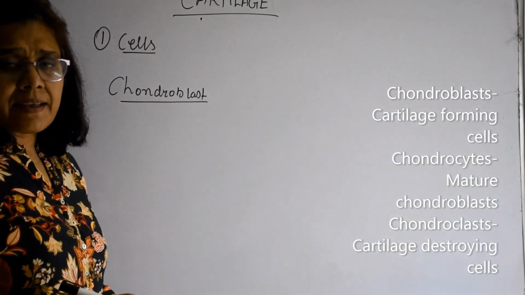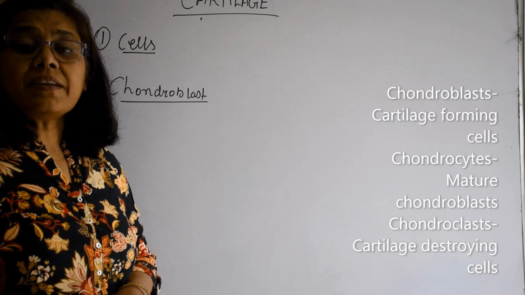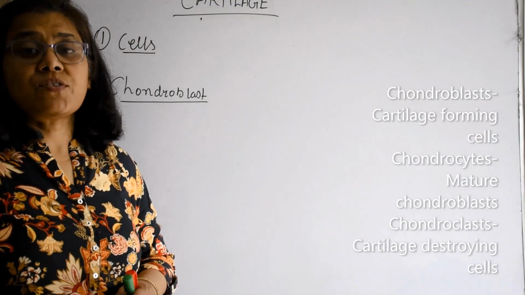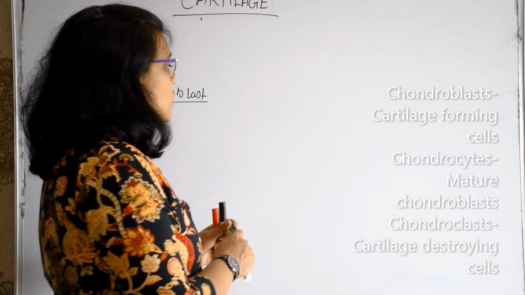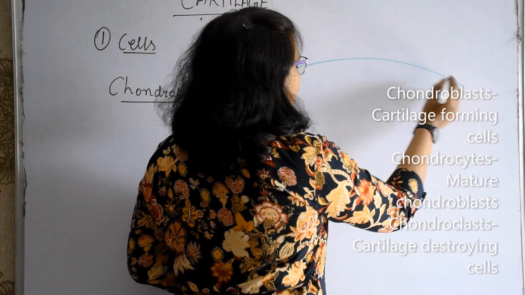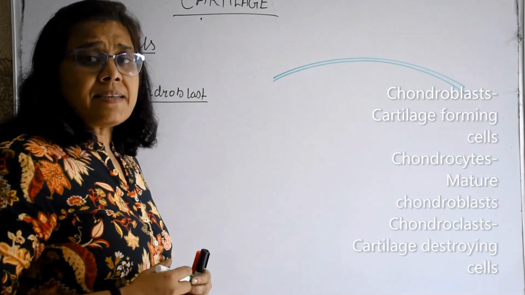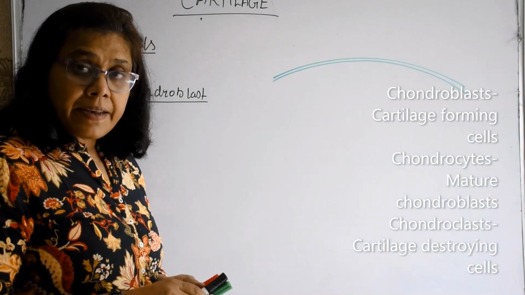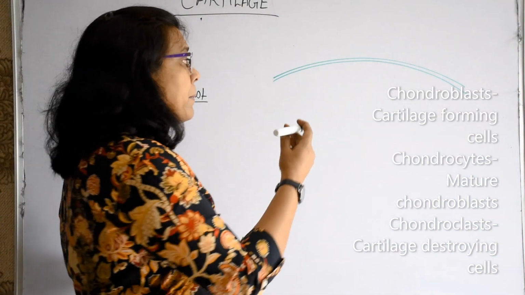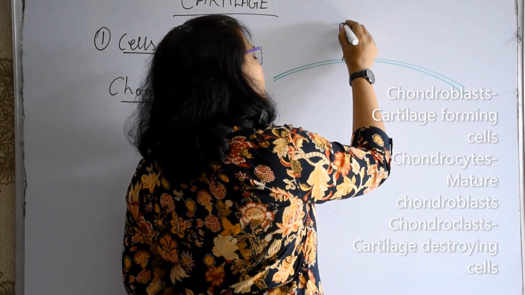Chondroblasts are the cells which are present near the outer surface of the cartilage. So this is the outer surface of the cartilage, and this outer surface has a name, and this is called perichondrium.